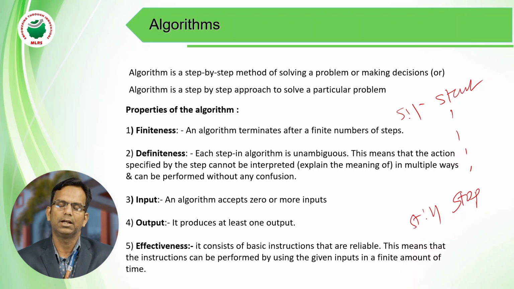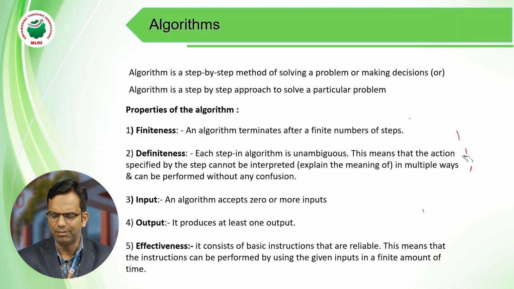So we begin the algorithm with start and we end it with stop. An algorithm can be understood to develop a specific program, and effectiveness is also there in programming. If you have an algorithm, then that program will be somewhat effective. Without an algorithm you can also develop a program, but compared to without an algorithm, with an algorithm it will be more efficient.